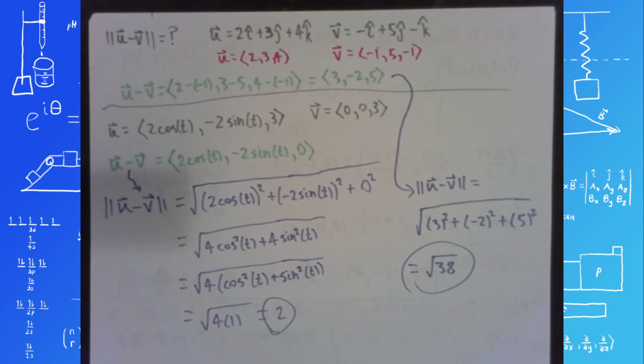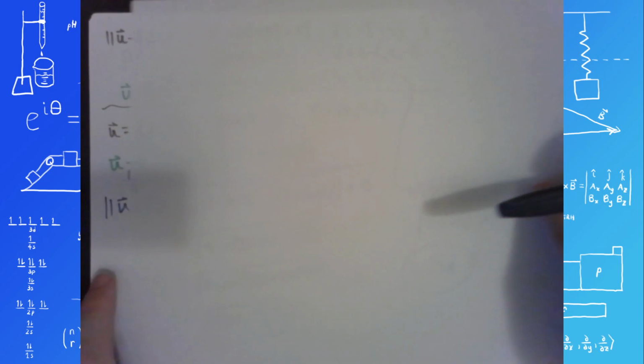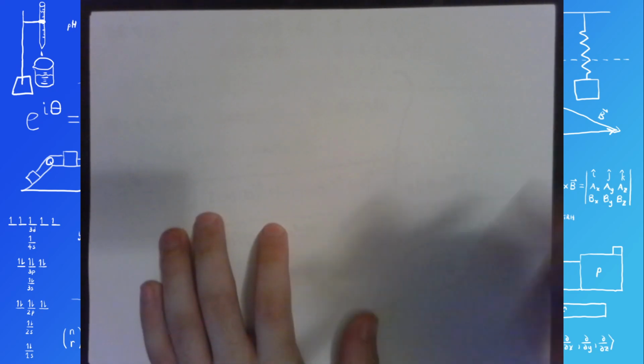I don't think we need to rehash that. Yeah, let's just do 92, which says vector A is 4, negative 3, 6.